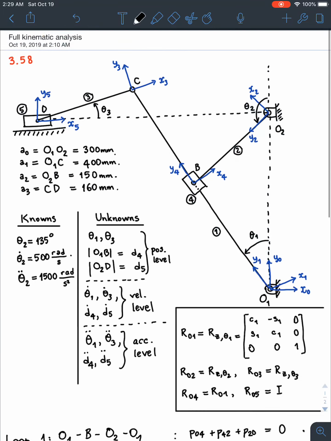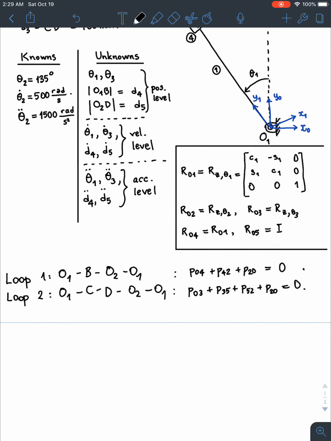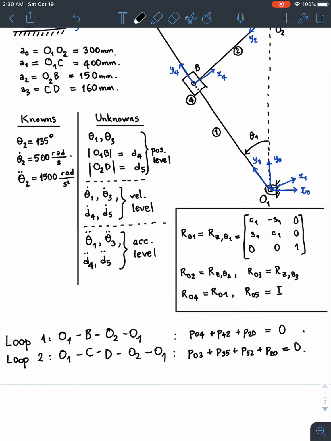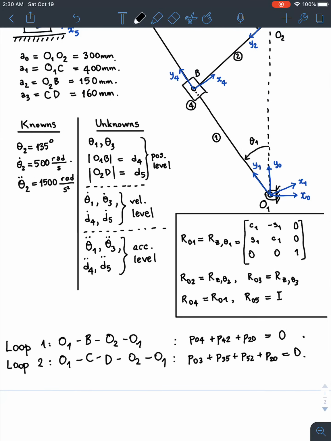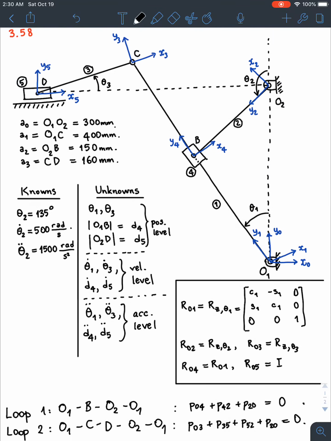which went something like this. So let's do loop 1 first. P04 is D4, because D4 is the distance from O1 to B. It is D4 in the Y1 direction.